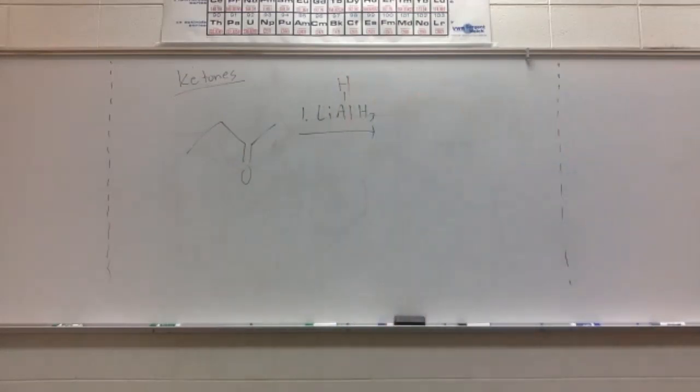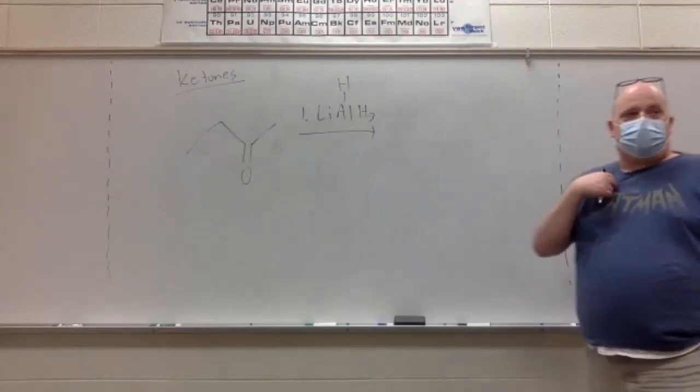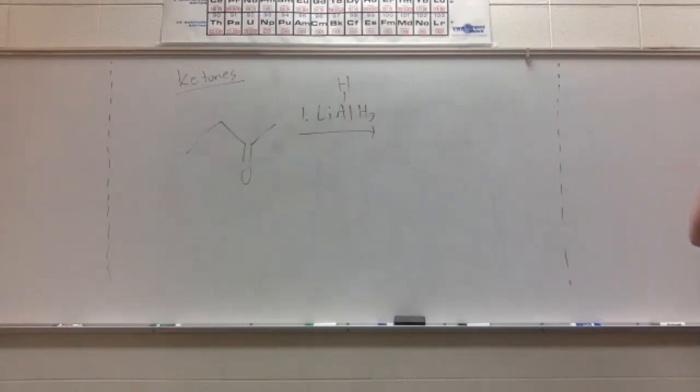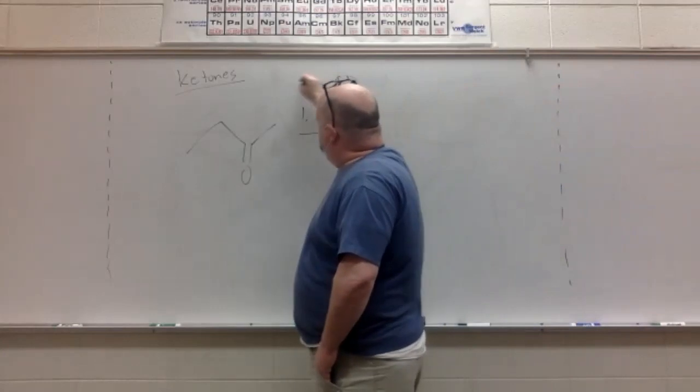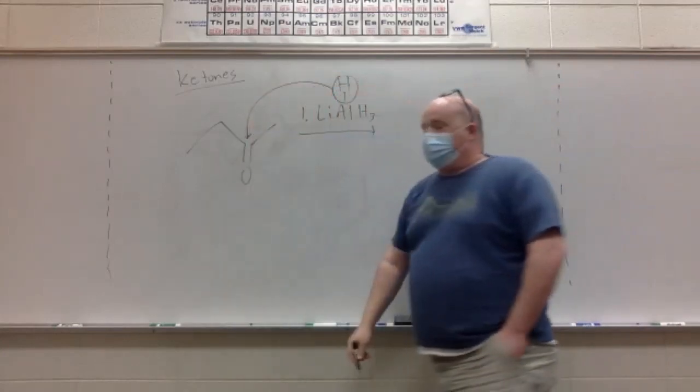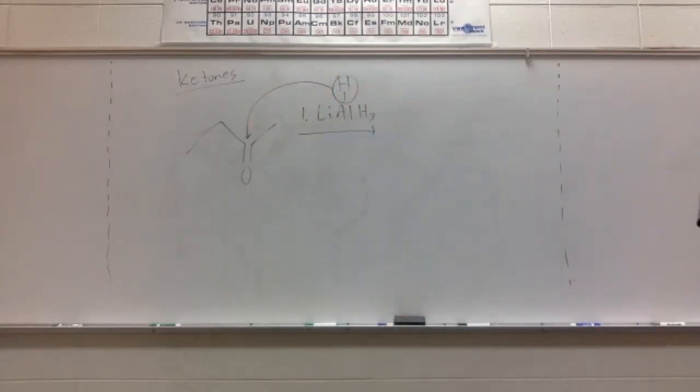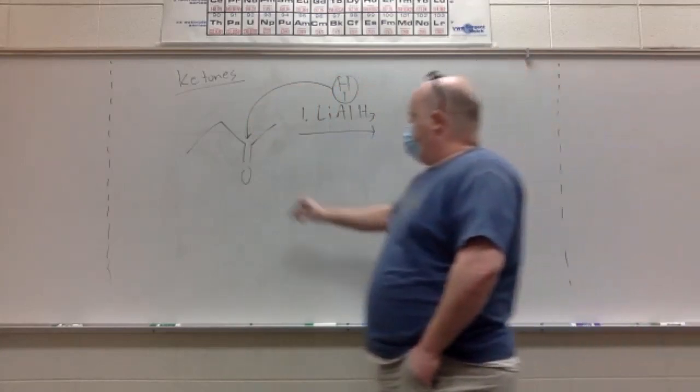All right, the only difference between a ketone and an aldehyde is that a ketone has 2 R groups attached to your carbonyl carbon instead of just 1, right? And there's no H directly attached. Otherwise, it's exactly the same, right? You're still going to have an H minus. You're still going to have that same partial positive there that gets attacked.